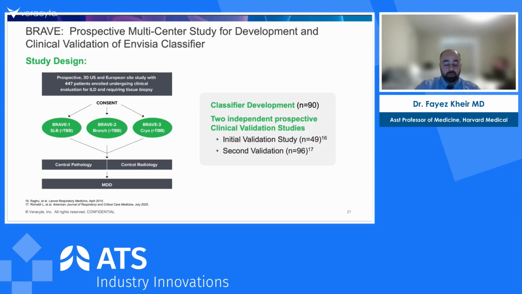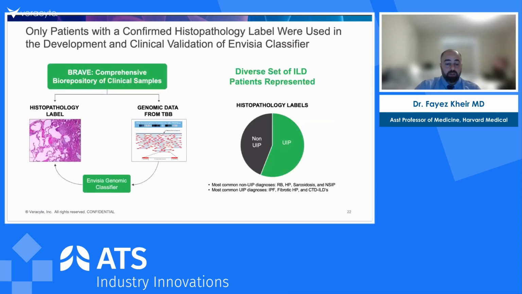However, all the pathology samples were reviewed by central expert pathologists, and CT scans were reviewed by a central radiologist. Also, patients underwent a centralized MDD to determine if they have a diagnosis of IPF versus non-IPF. Only patients with a confirmed histopathological label were used in the training as well as validation of the Envisia Genomic Classifier.